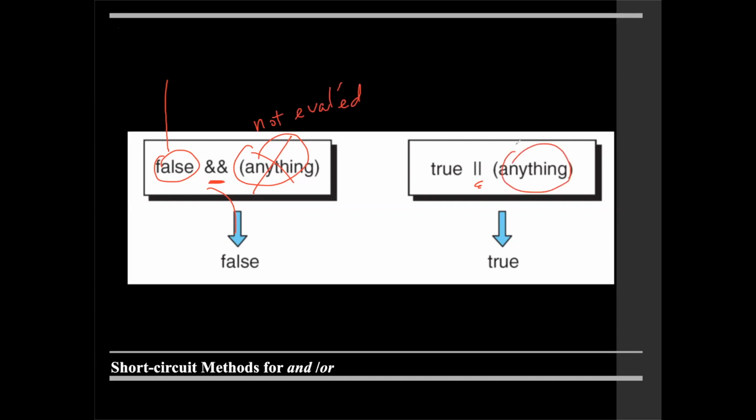Similarly, if you have an OR, if one of them is already true, especially the very first one, this is not going to be evaled because you already know what the end result is. So your C program would immediately go for this path without having to evaluate it. This is what I meant by short circuiting methods. In fact, this is true in most of the languages out there.